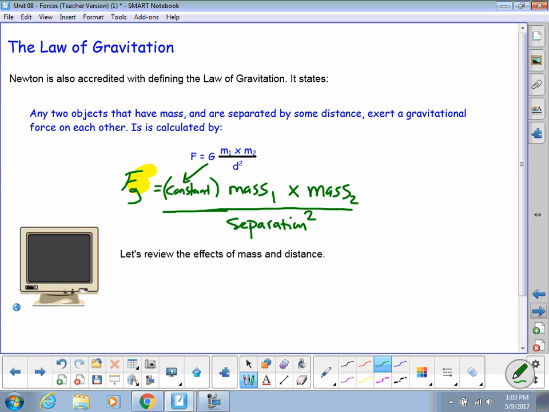So for us on planet Earth, the mass of the planet Earth is so huge that the numerator in this calculation becomes a very, very, very big number. Okay? Even when it's multiplied by our little tiny mass. And then in the denominator, we have the separation. Well, what would be the separation if we were stuck on the planet's surface? All things measure mass from their center of mass. So for the Earth, the center of mass is the Earth's core. So if we were to calculate the force of gravity acting on us using this equation, we need to know the radius of the Earth, how far we are from the center of the Earth.